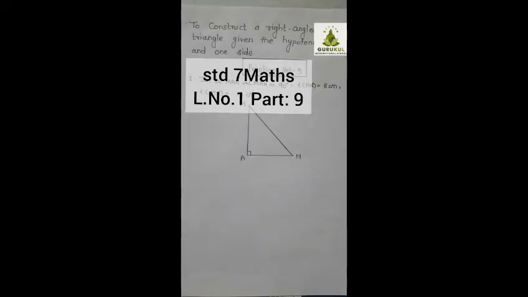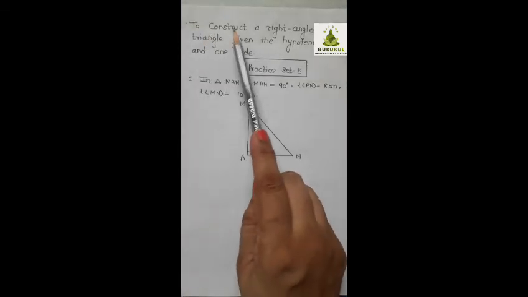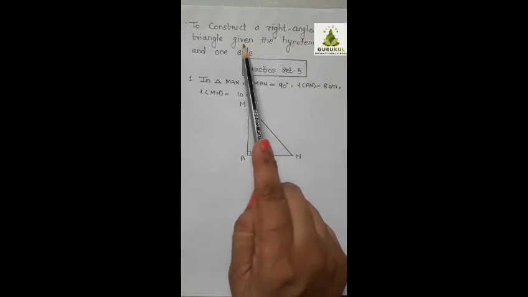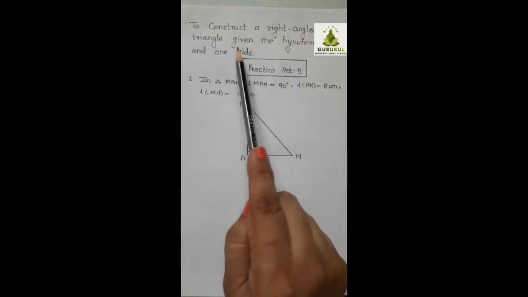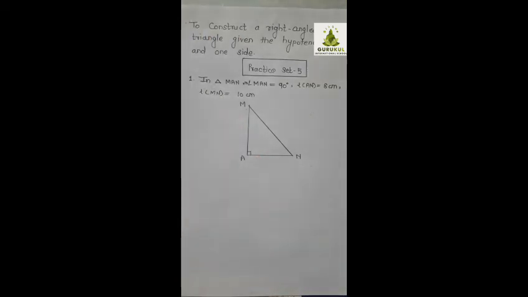Good morning students. Now in practice set 5 we are going to learn to construct a right angle triangle given the hypotenuse and one side. We know that a triangle with a right angle is called a right angle triangle.